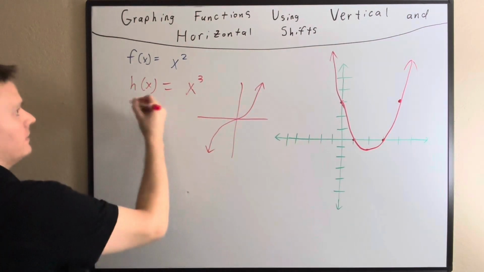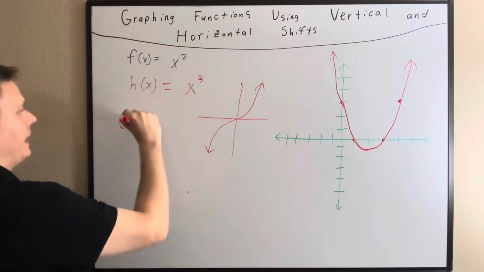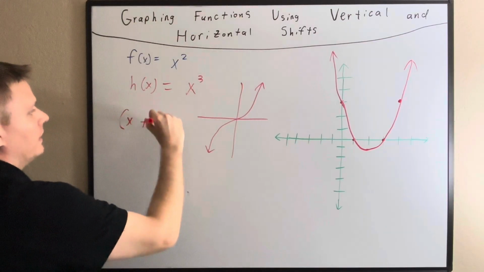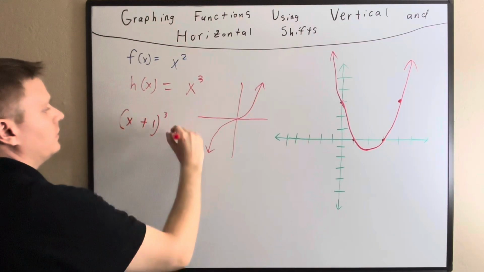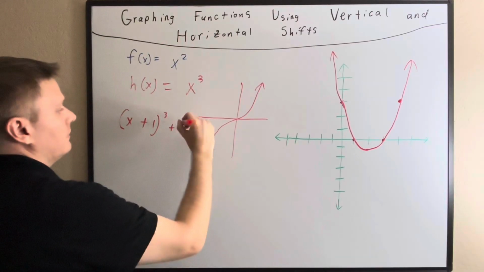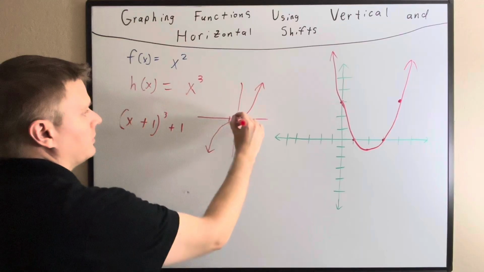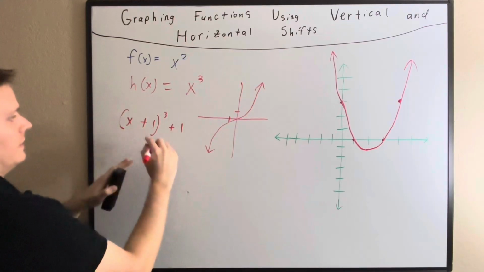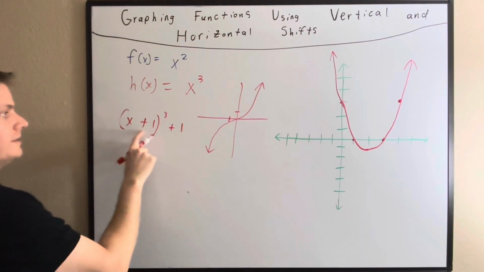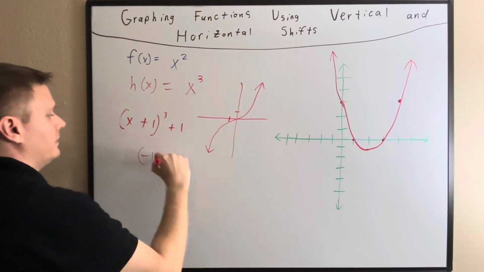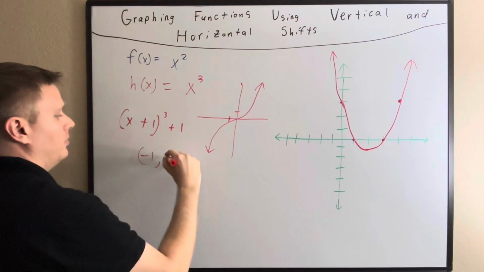So we shift that by adding 1, cubing it, and then adding, I don't know, another 1. Then it's just going to go left 1 over 1, right? Because the horizontal shift is always the opposite, negative 1, and then up 1.